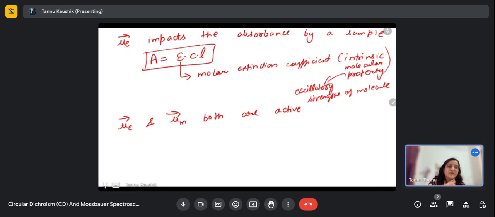But where both vectors are active, and we record a spectrum, that spectrum is what we call the CD spectrum, and this is where we can define whether a particular molecule is chiral or achiral.